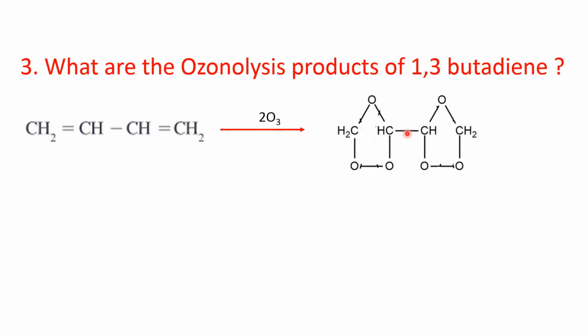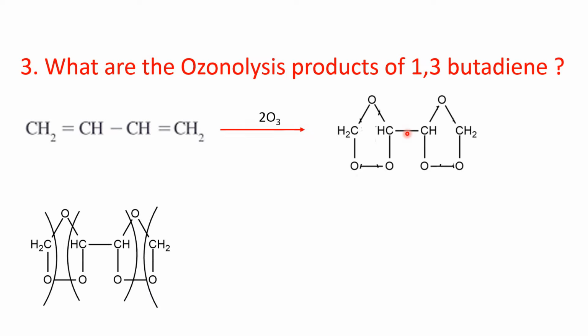Now this ozonide on hydrolysis undergoes cleavage. So here breaking takes place this way and this way. Similarly this way and this way. So from this part what we will get? We will get HCHO, formaldehyde. Again from this part we will get formaldehyde and from this middle part we will get CHO-CHO, that is glyoxal.